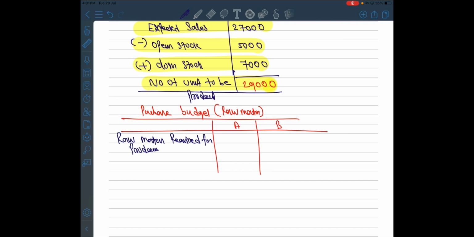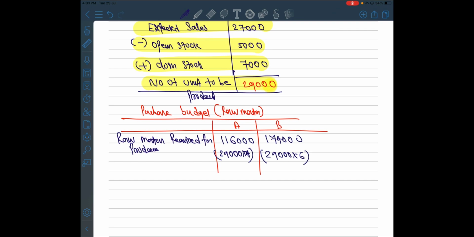For producing 29,000, here 29,000 into 4, how much? 1,16,000. Here 29,000 into 6 is equal to 1,74,000. So this is the required amount.